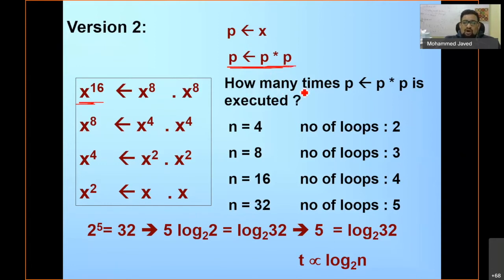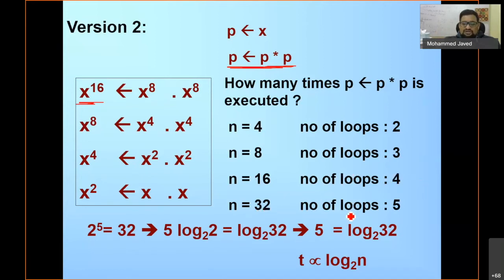Now how many times is p equal to p into p executed? If n equal to 4, then the number of loops is 2. If n equal to 8, the number of loops is 3. N equal to 16, the number of times this p into p is repeated is 4.